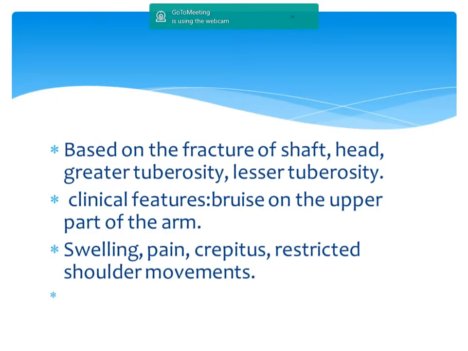So what are the clinical features? First of all, whenever you see an inspection, you'll find a bruise on the upper part of the arm. That indicates, okay, there may be some underlying fracture. Next is pain, crepitus, restricted shoulder movements.